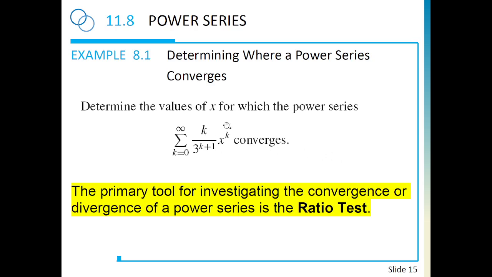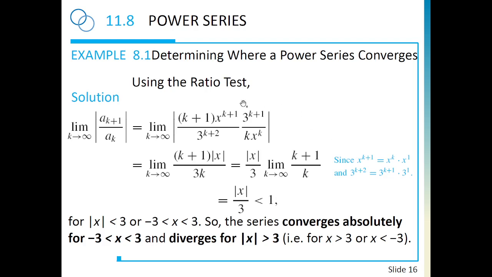So the general term here is this, and we use a k plus 1 divided by a k in absolute value, and we try to find the limit and see when this is smaller than 1. So we compute limit when k goes to infinity of a k plus 1 over a k in absolute value. So we just plug the things, they will simplify a little bit.